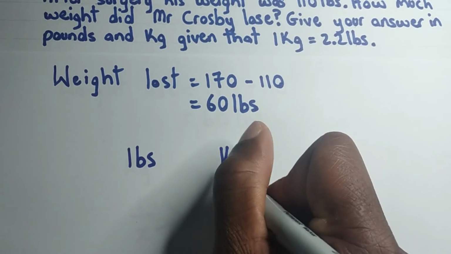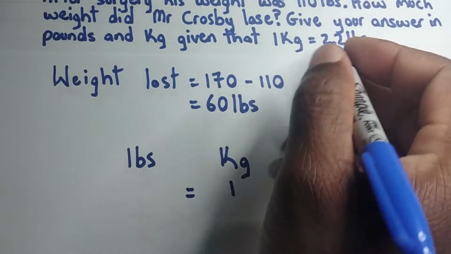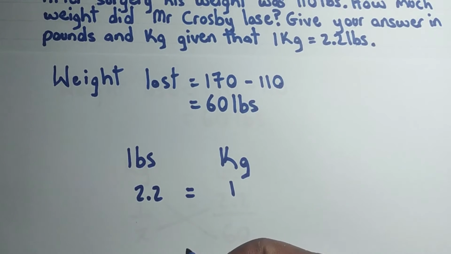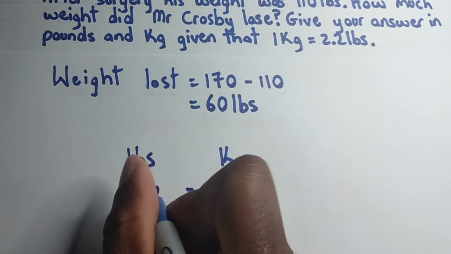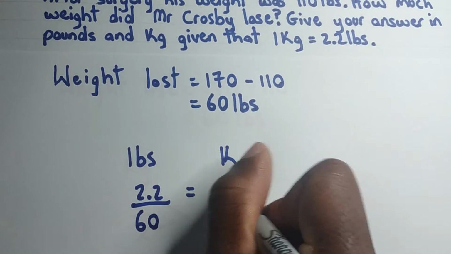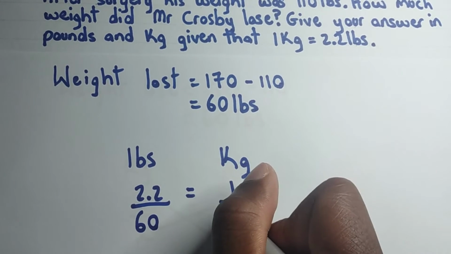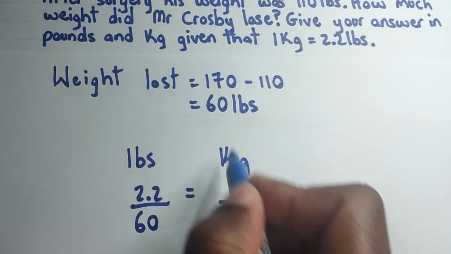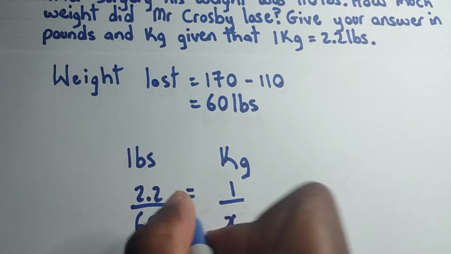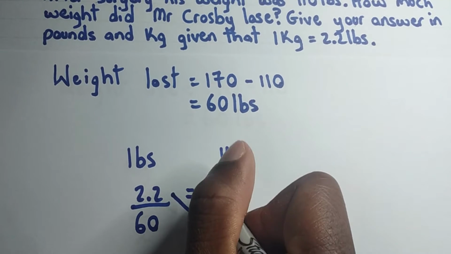We know that 1 kilogram is equal to 2.2 pounds. Now what is the equivalent of 60 pounds in kilograms? We don't know what 60 pounds is in kilograms as yet, so we use an x to represent that. And now we can cross multiply.